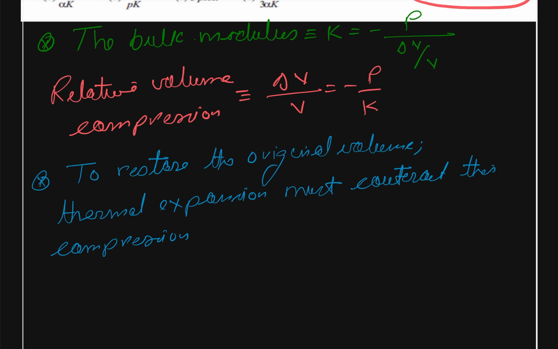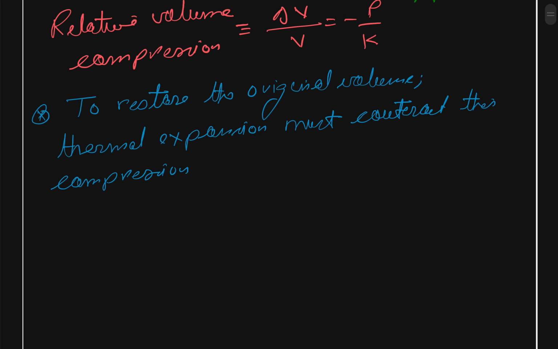And along with this, we are also going to use the formula that our gamma, volumetric expansion, is approximately equal to 3 times alpha, which is our linear expansion.